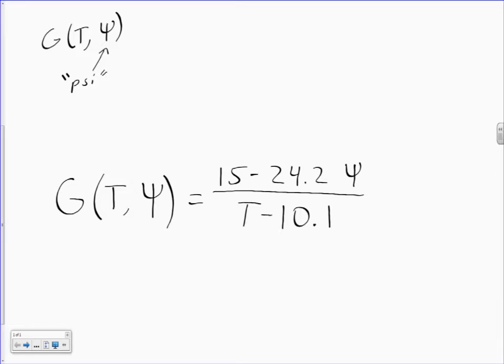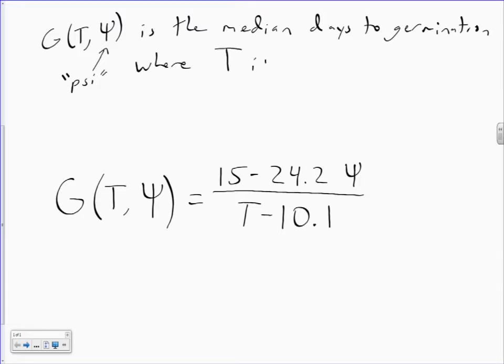And it is the median days to germination of these mung bean seeds, where T is the temperature in degrees Celsius, and that psi is the water potential.